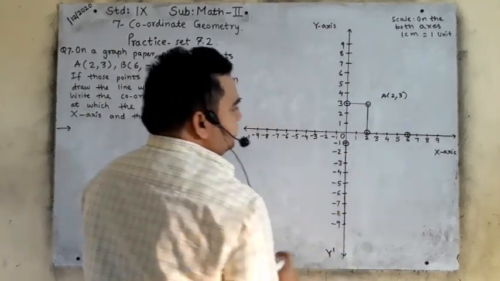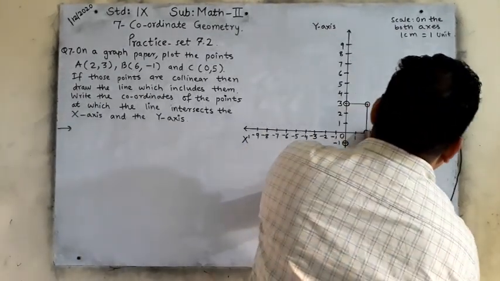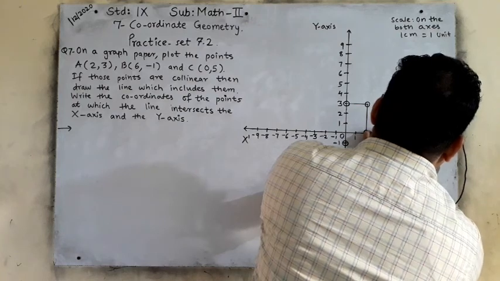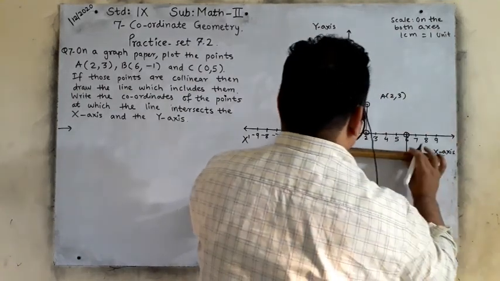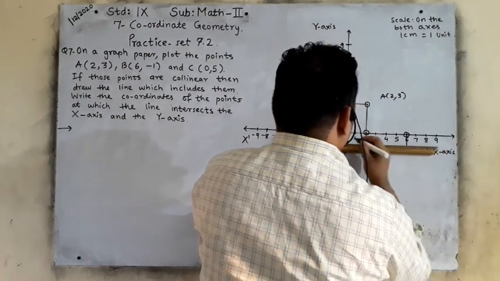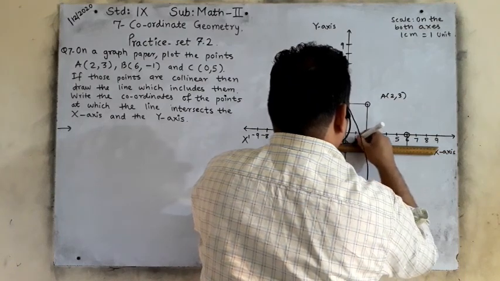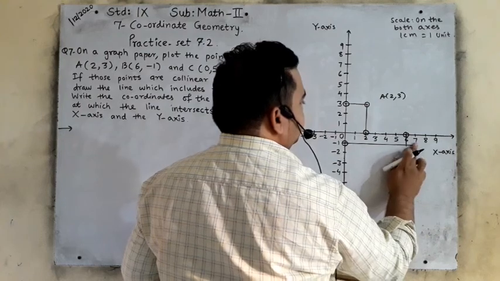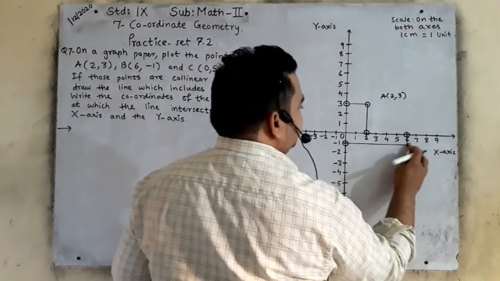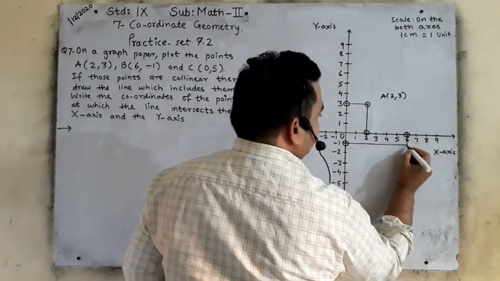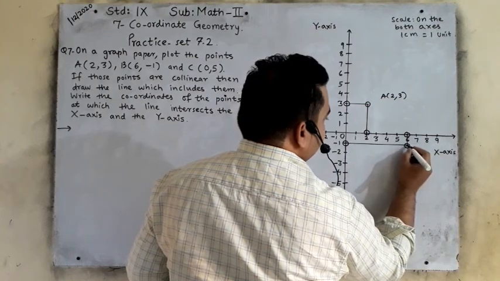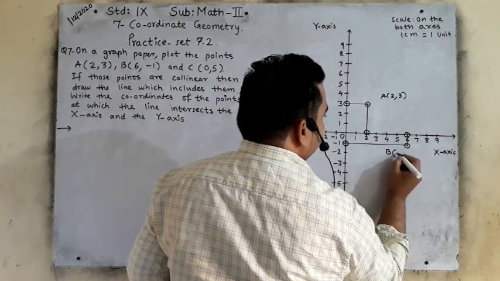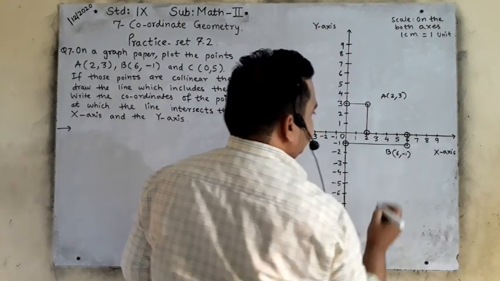Now we will draw the line. Wherever these two lines intersect, that is your point B. Okay, this point is your B point, and it is 6, -1.